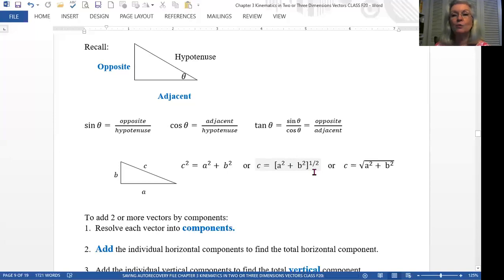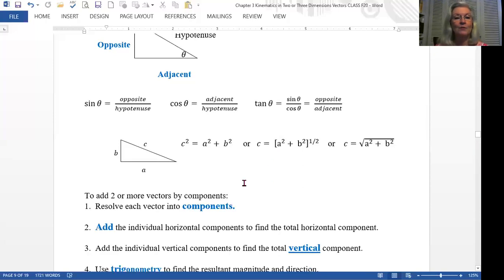When you raise something to the 1/2 power, that is the same as taking the square root. You can use the caret symbol on your calculators when we're dealing with this, or you can take square roots. But I'm probably always going to write it this way. All right, so let's move along.